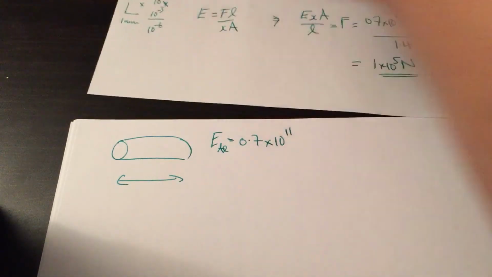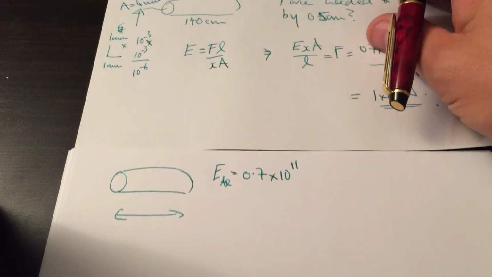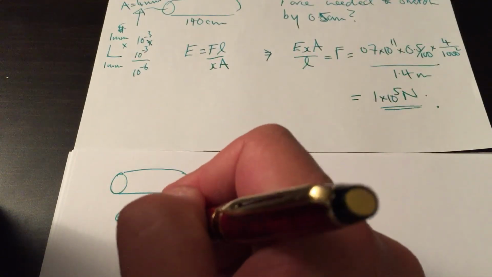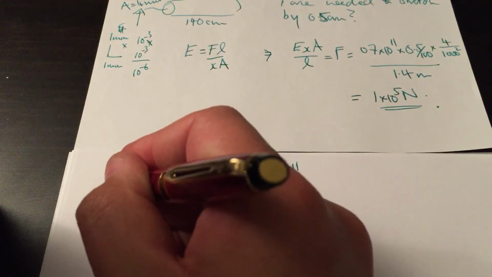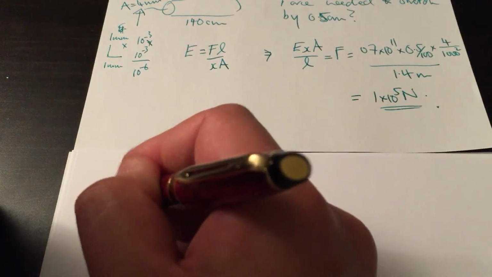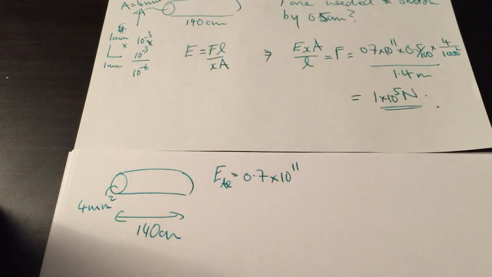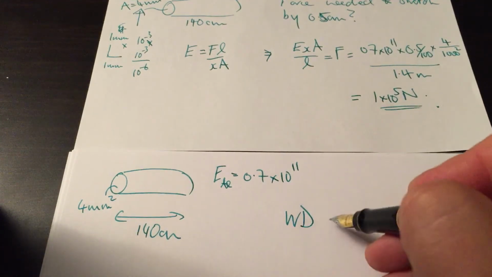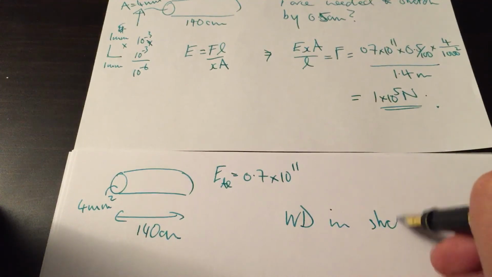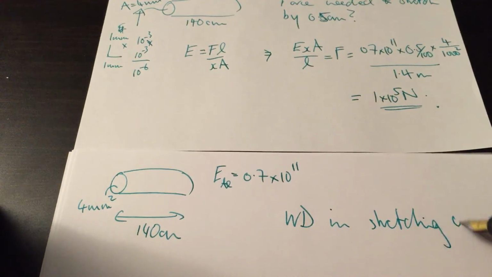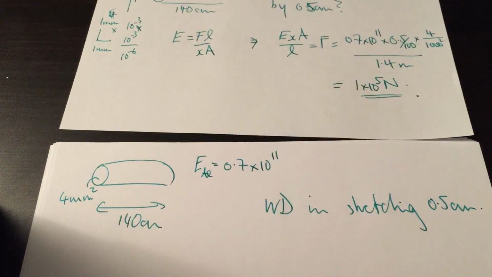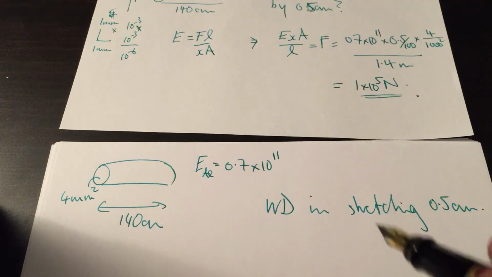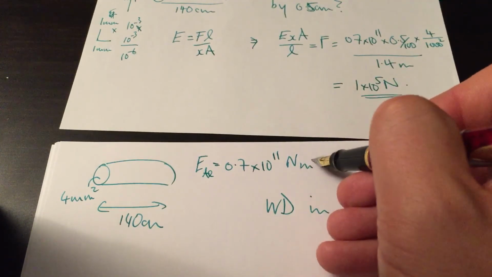Oh, there it was. Let's just regurgitate that. 140 centimetres and 4 millimetres squared. And now, what is the work done in stretching 0.5 centimetres? I think all the information there is what we needed.